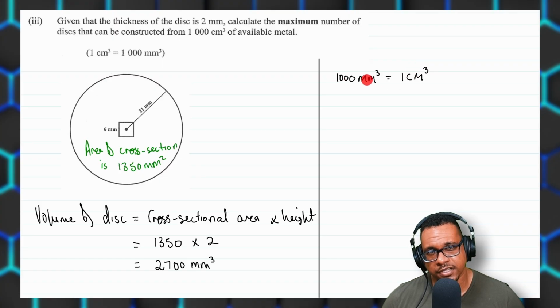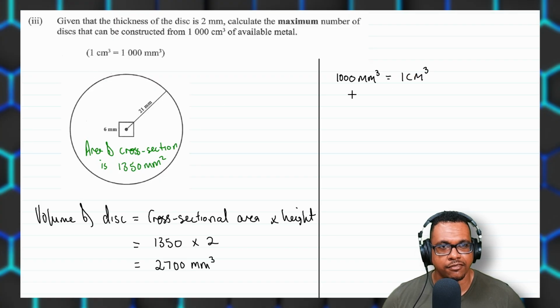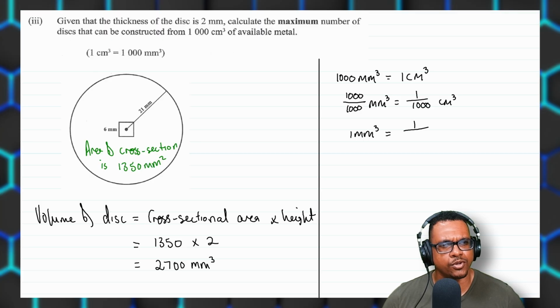So dividing this by 1000 to get 1 millimeter cube, I'll have to divide this by 1000 as well. So I'll have 1000 over 1000 millimeters cube is equal to 1 over 1000 cm cube. And of course, this is 1 millimeter cube is equal to 1 over 1000 cm cube.